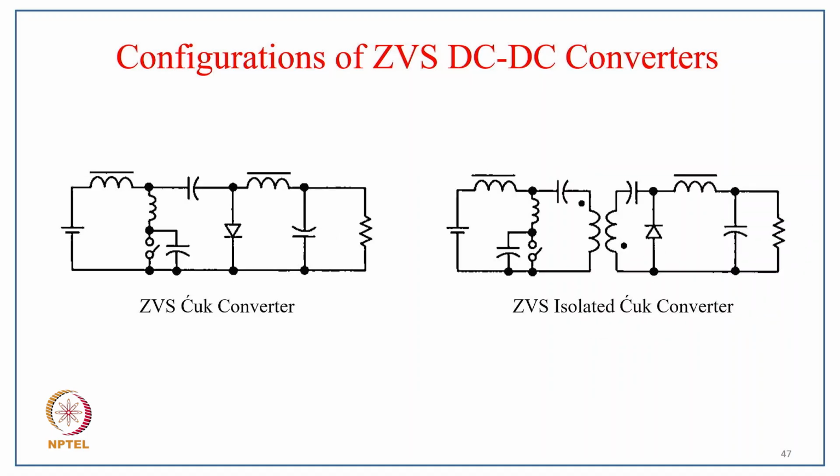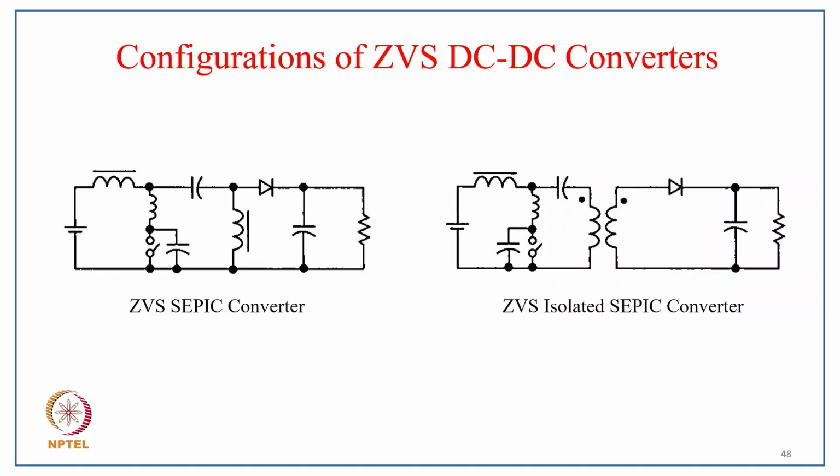Similarly the ZVS Cuk converter has an inductor in series with the device as well as capacitance in parallel, and then the ZVS isolated Cuk converter has the inductor in series and the capacitance in parallel to the switch, and the remaining circuit remains the same as a conventional converter. Isolated and non-isolated categories are both shown here.